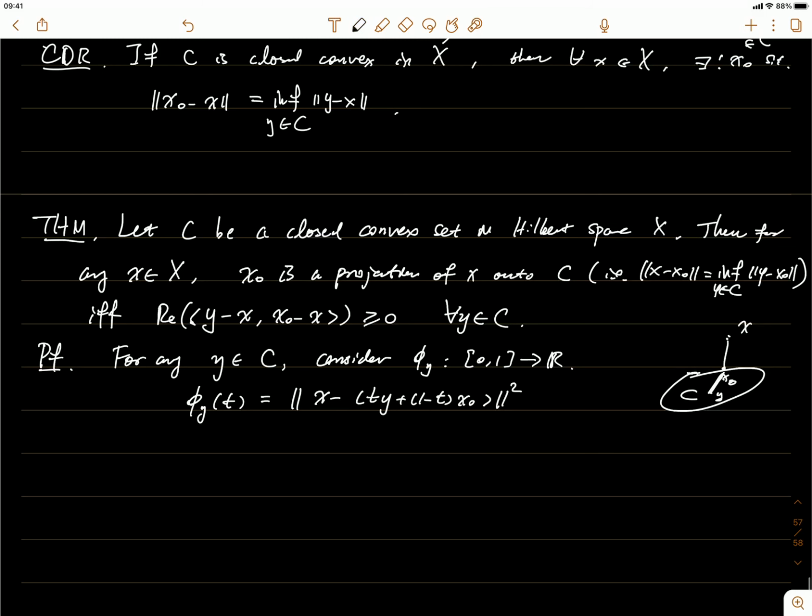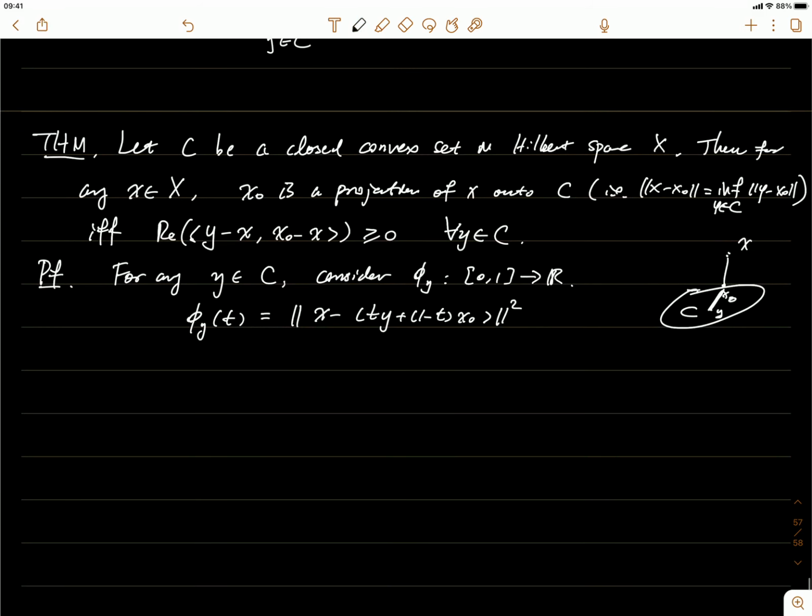That's one thing. We'll show that soon later. But once we have the phi y here, we can see that it's a function of t, and we know that x naught is a projection of x onto C.